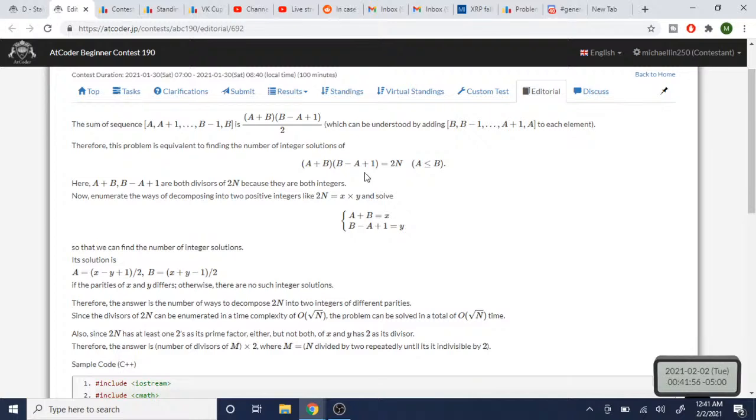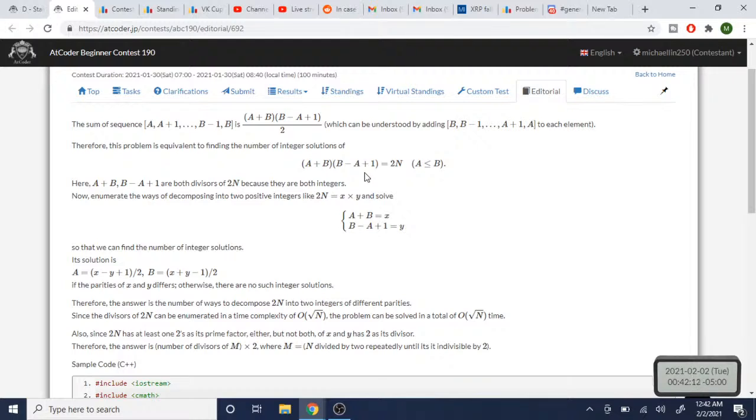The solution is a equal to (x minus y plus 1) over 2, b equal to (x plus y minus 1) over 2, if the parities of x and y differ, otherwise there are no integer solutions.